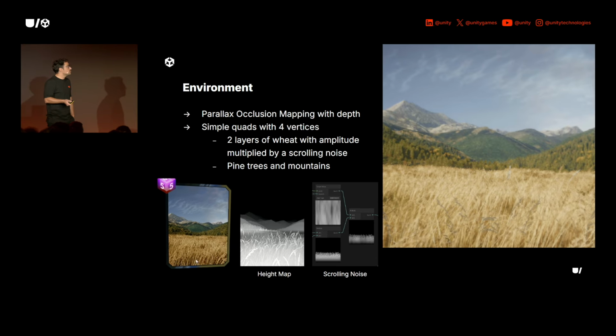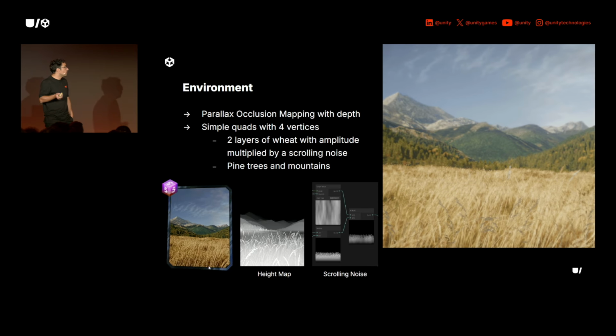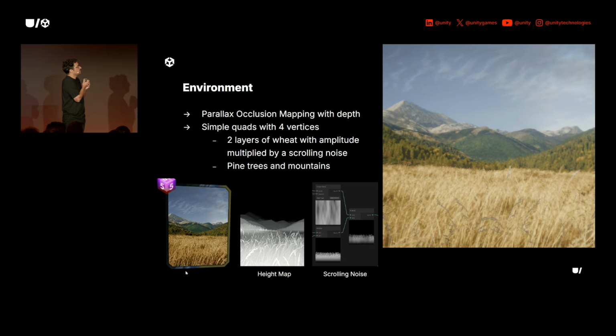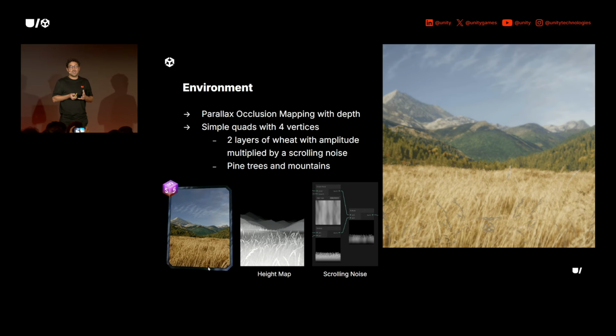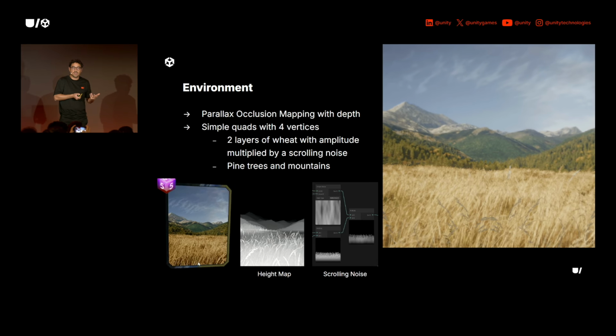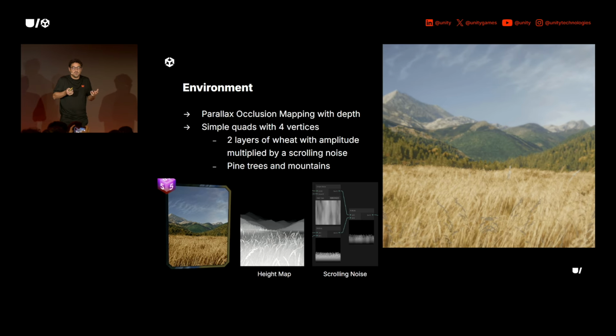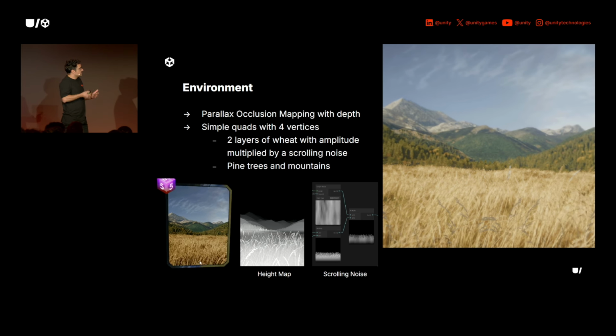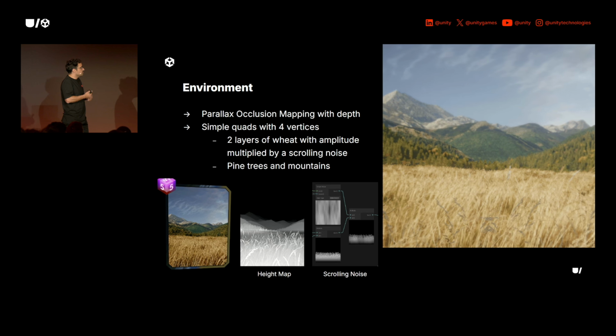Parallax occlusion mapping can be used twofold here. The first is to create the illusion of depth, as you can see in the small animation. The second is that by modulating the amplitude a little bit with noise, you can basically fake movement. Here in the environment, it's divided into 3 different parts.